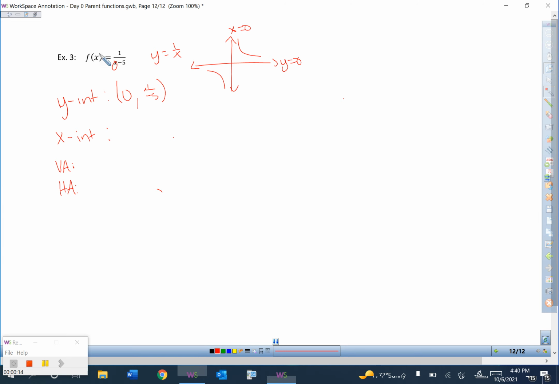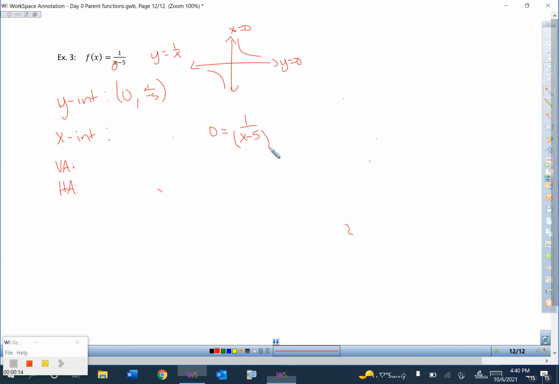X-intercept, we're going to take, and instead of the y value, we're going to write 0 equals 1 over x minus 5, and we're going to solve this equation. Now, anytime you see x in the denominator, your very first step will always be to get this whole thing out of the denominator. So the process for that is just multiplying over that denominator.